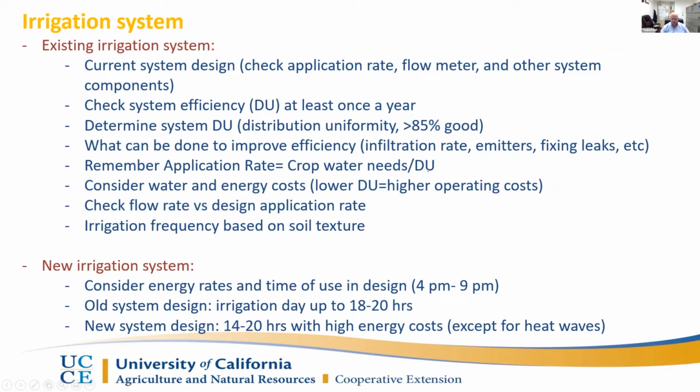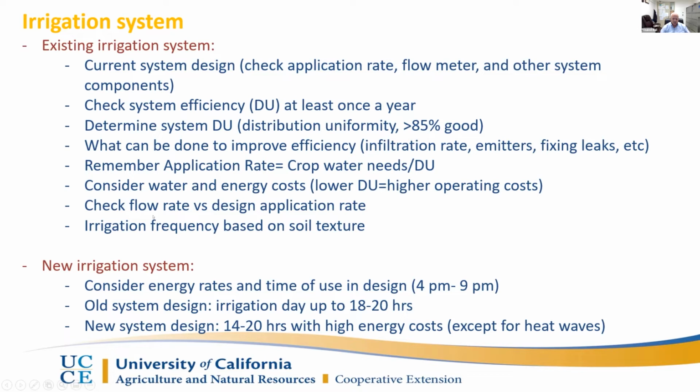If I have a lower distribution uniformity, I'm going to apply a little bit more water, which means more money and more energy. We want to consider the water and energy cost, as energy costs have been going higher and higher over the last few years. Lower efficiency means higher operating cost in terms of water cost and energy.